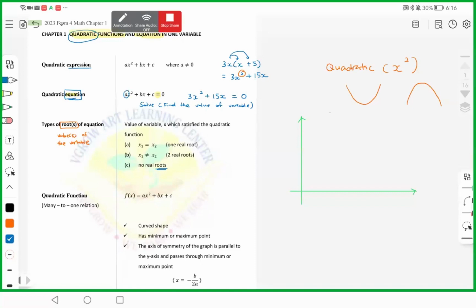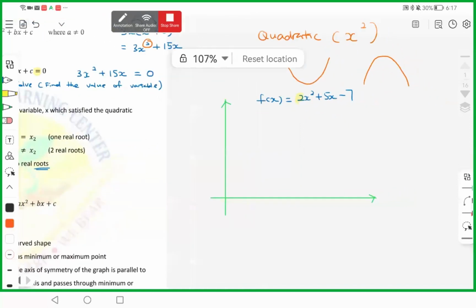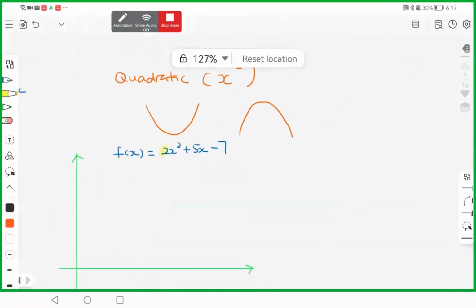So if you have a quadratic function, for example 2x squared plus 5x minus 7, you look at the value of a. If it's positive, then the curve is a U shape.